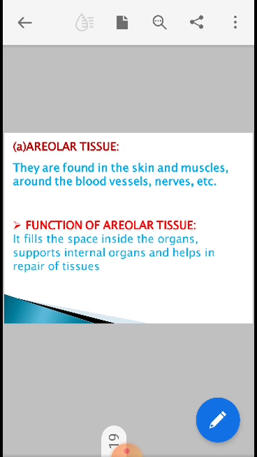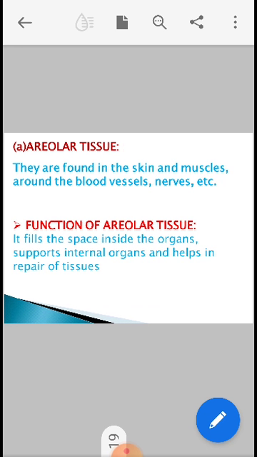So from the location you can understand where this type of tissues are found, and on the basis of that we will also come to know about its function. So you can link the position of these tissues with the functions. When we talk about the skin and the muscles, we come to know that its main function is to fill the space inside the organs.